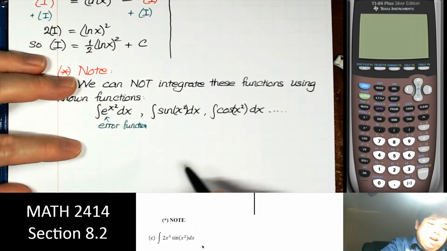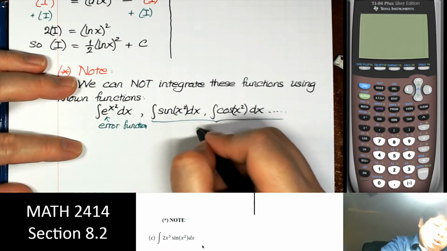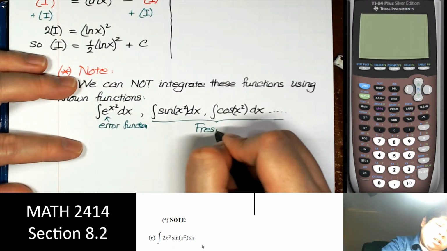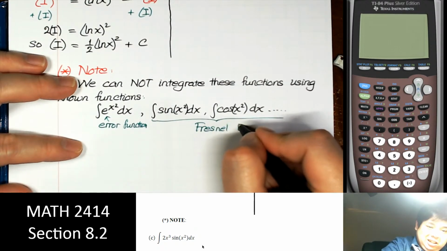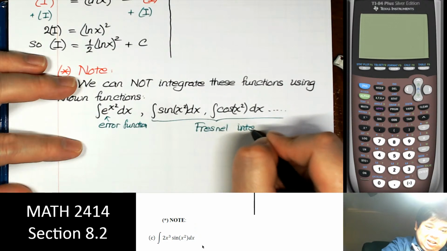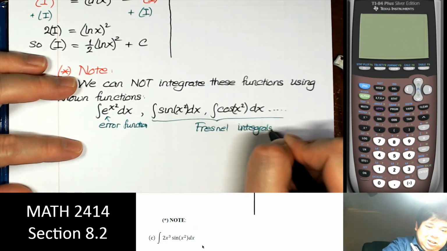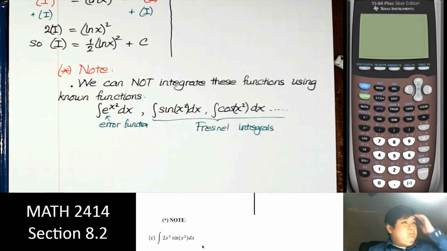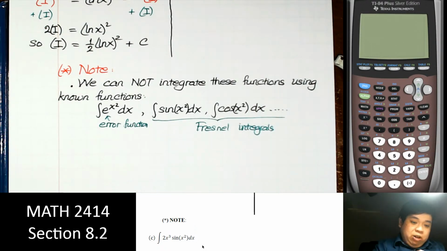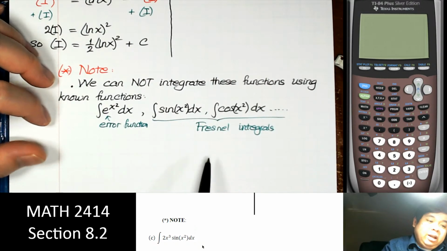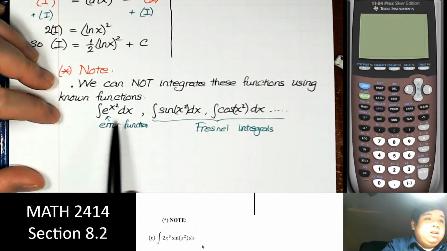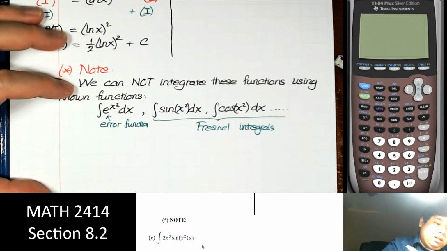They define this as an error function, and then define this too. So that is something that we don't have the answer to, so we just define that as a new function. When we have this kind of problem, we have to use substitution.